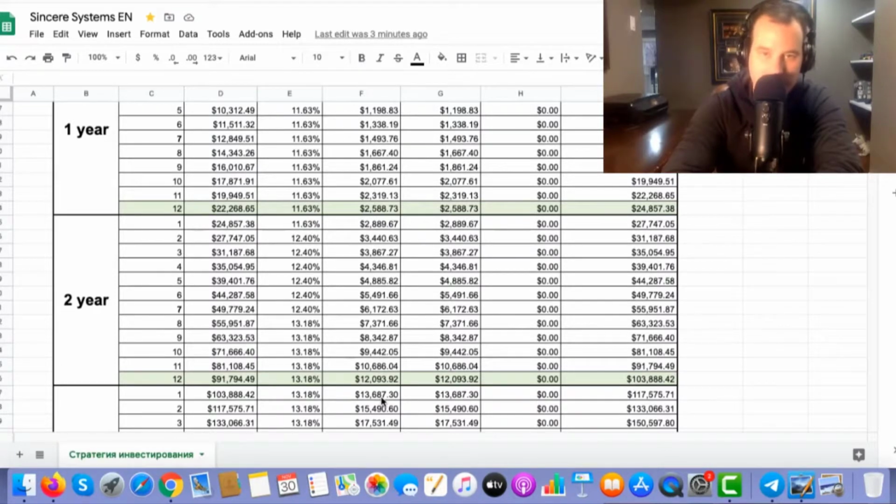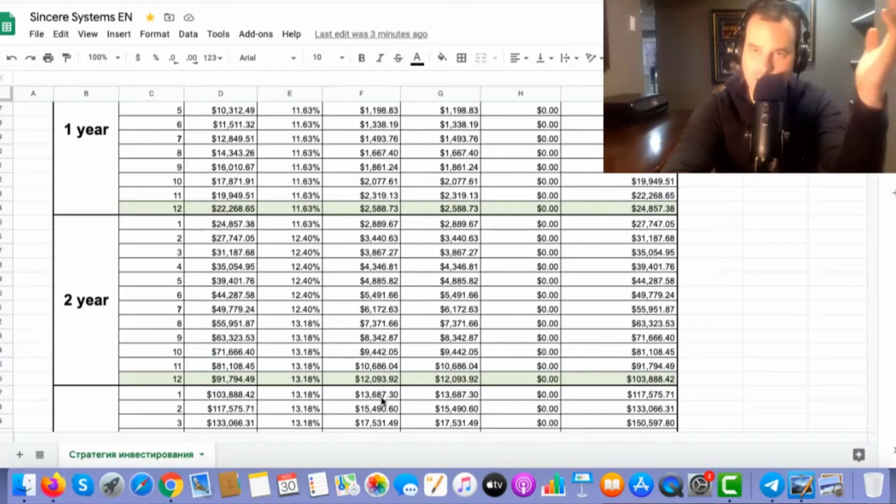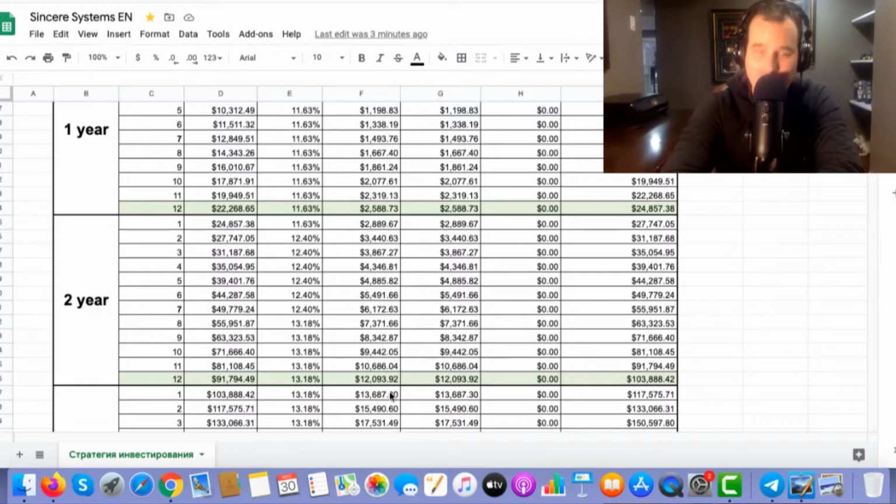Could you live off $13,000 a month U.S.? I could. Okay, so the power of compounding is extremely awesome, and the risk to reward ratio is extremely awesome for the system. So that's why I'm so excited about it, guys.